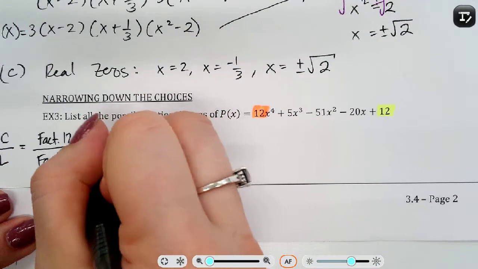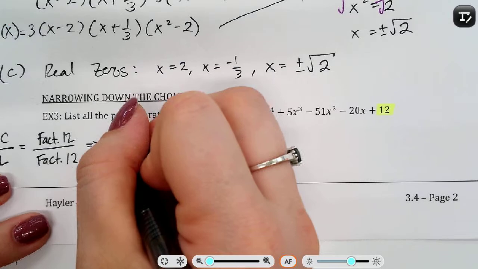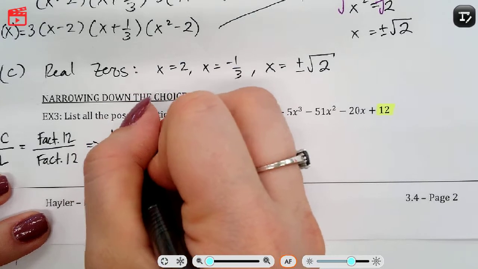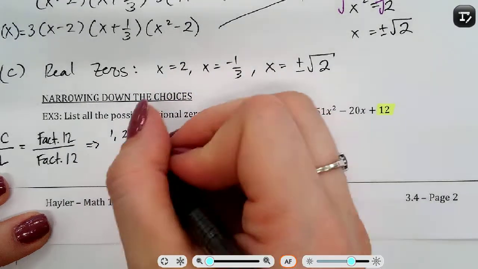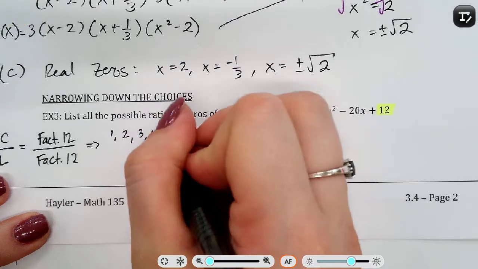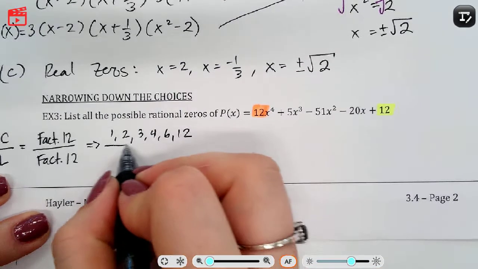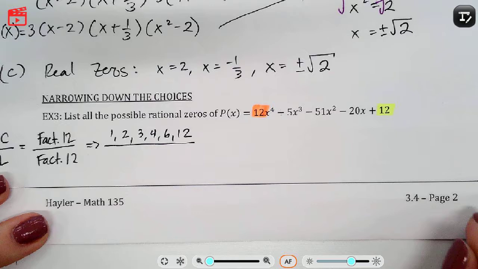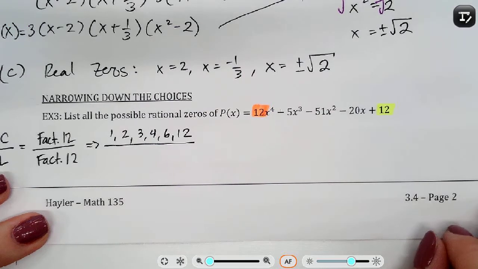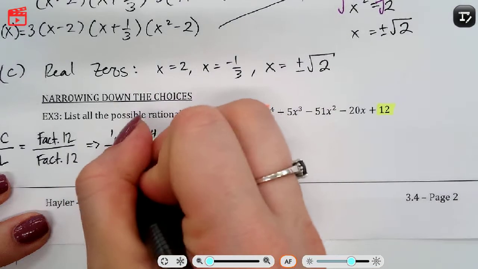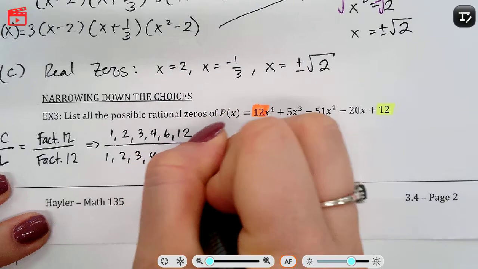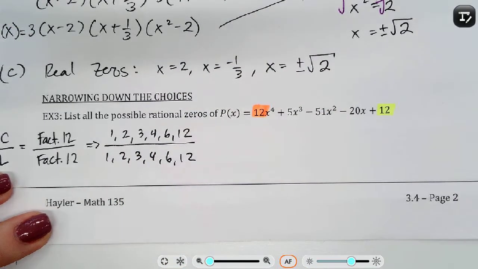And what are the factors of 12? That's going to be 1, 2, 3, 4, 6, and 12. Yeah, those are the factors of 12. Oh, that's a lot of factors to be looking through.